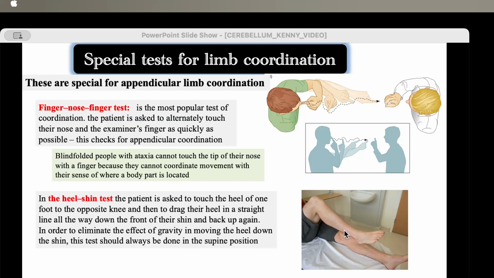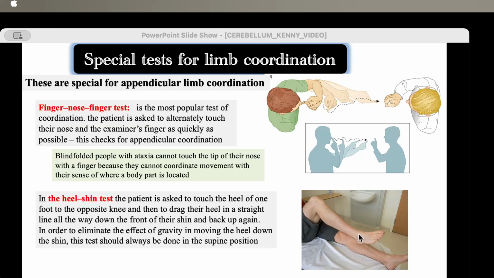Because you don't have any damage on the cerebellum, you will be able to touch your shin with your right heel, and also on the other side as well. You can take the heel of the left side and rub against the shin of the right leg. And because you don't have any kind of disorders in your cerebellum, you will always be able to rub against it.